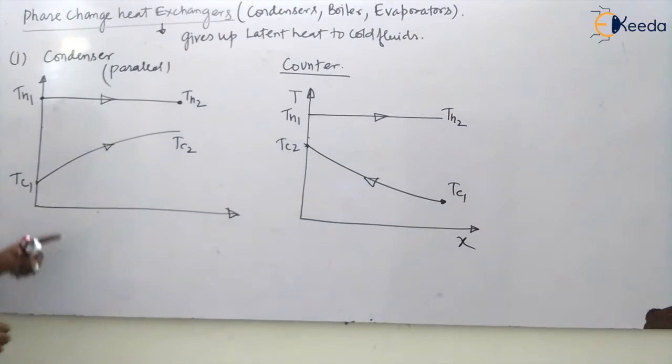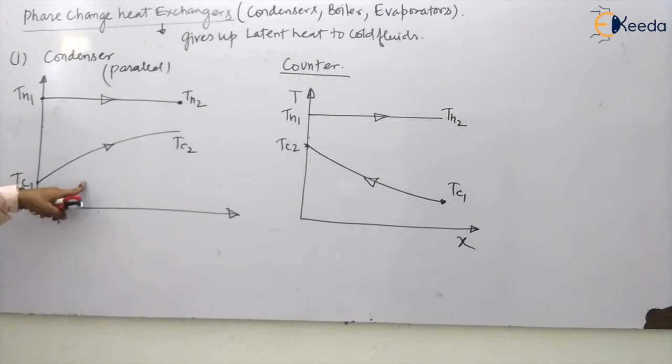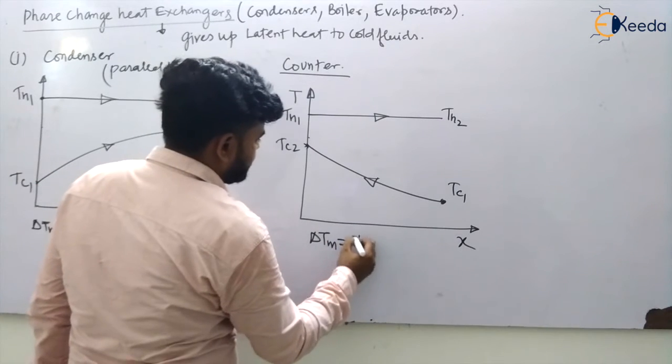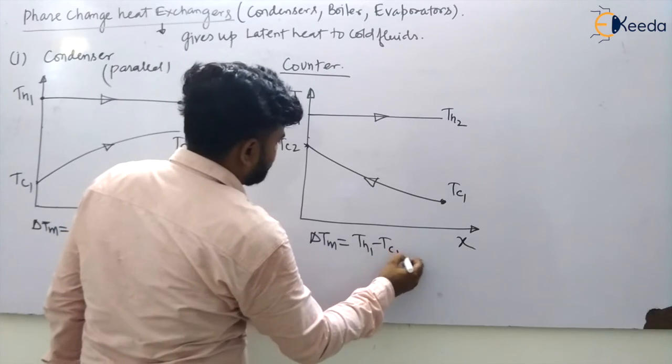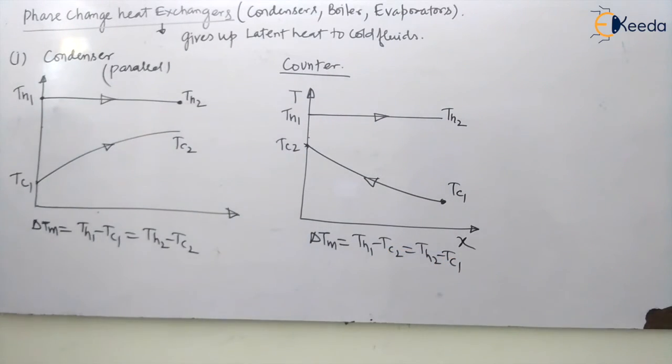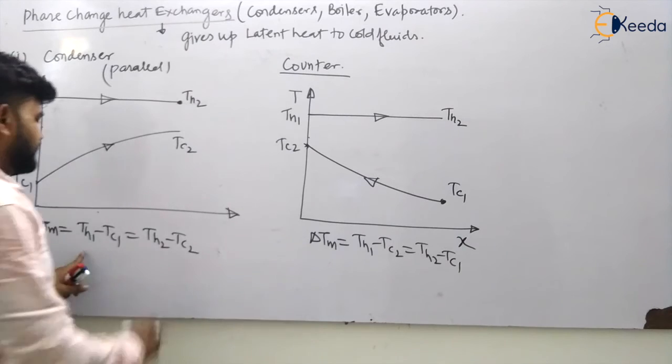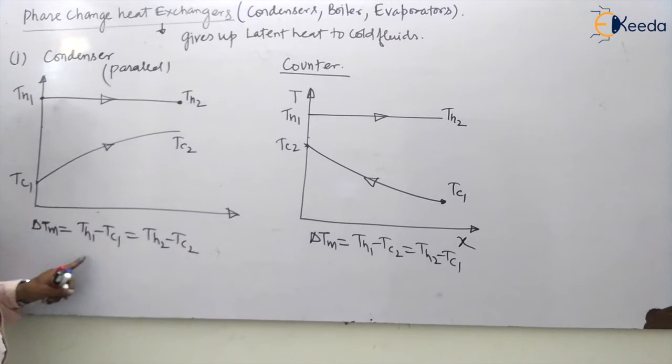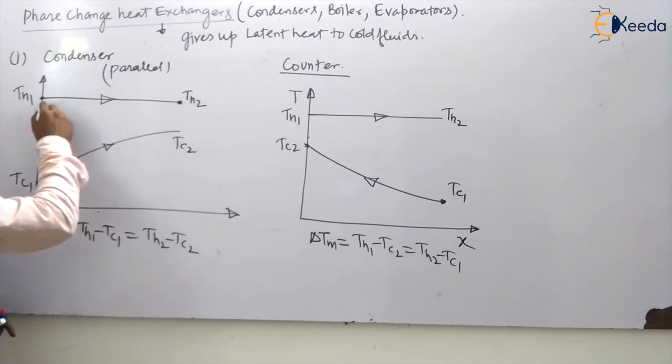So in this case, delta Tm will be what? TH1 minus TC2 is equal to TH2 minus TC1, my dear students. This will be the change of temperatures along the length. But TH1 and TH2 are similar.